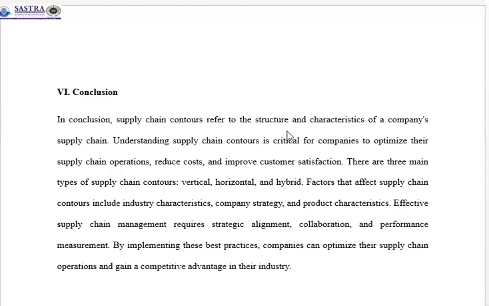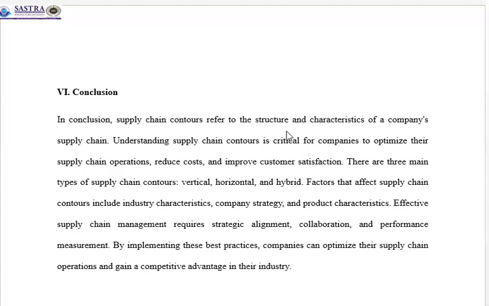Understanding supply chain contours is critical for companies to optimize their supply chain operations, reduce cost, and improve customer satisfaction. There are three main types of supply chain contours that we discussed: the vertical supply chain contour, the horizontal supply chain contour, and the hybrid model of supply chain contours.